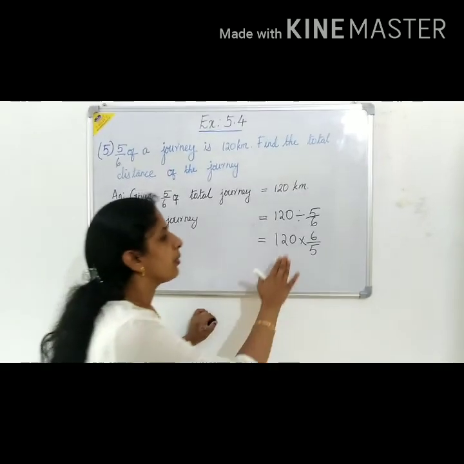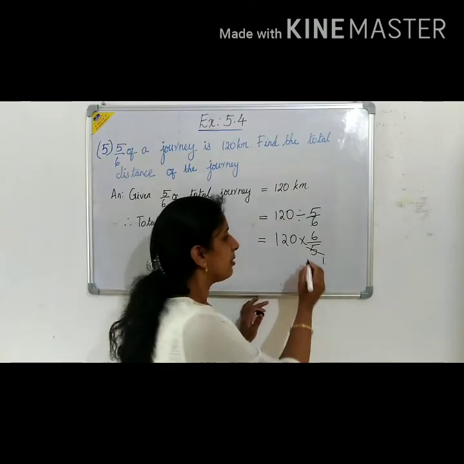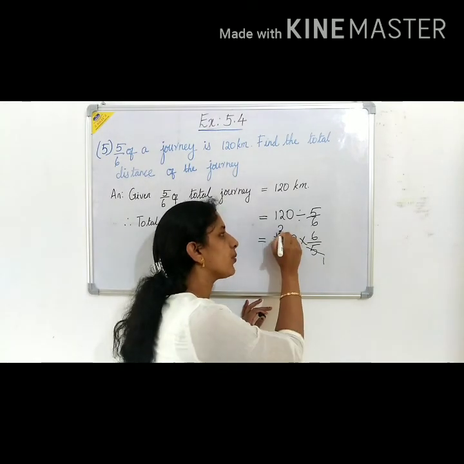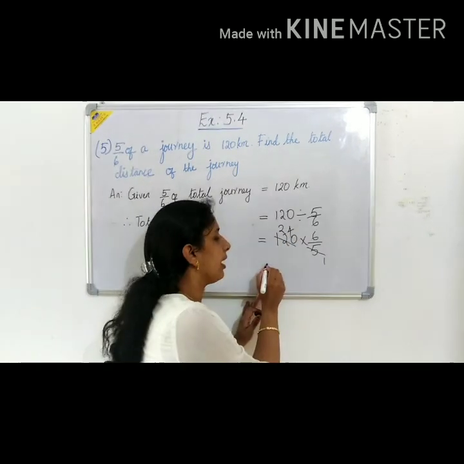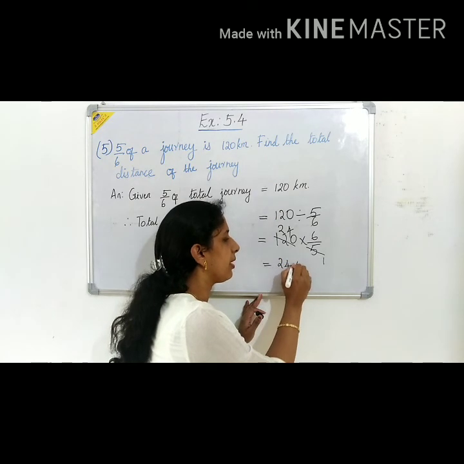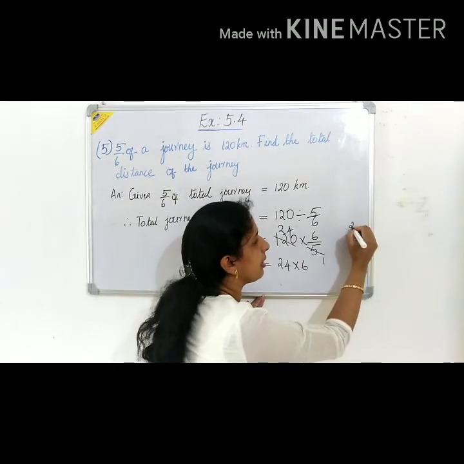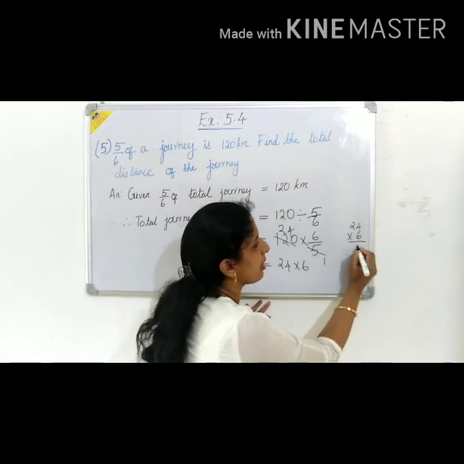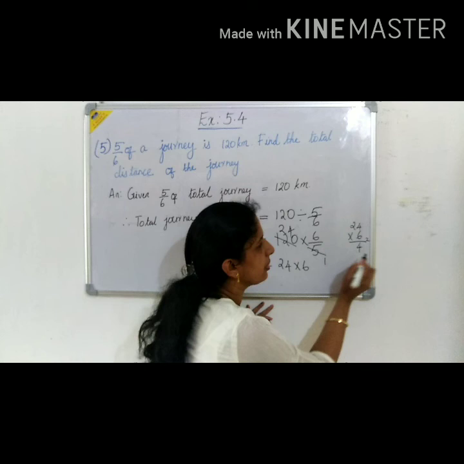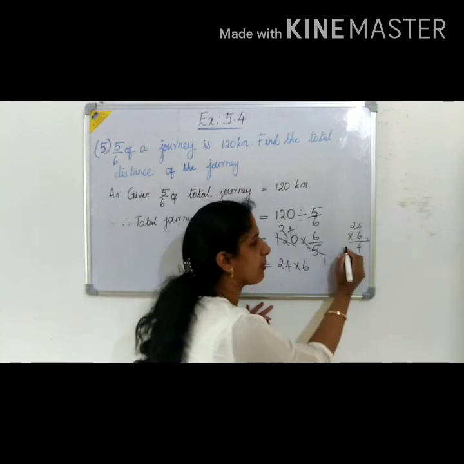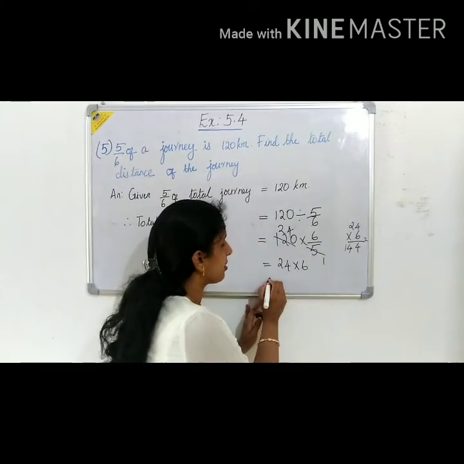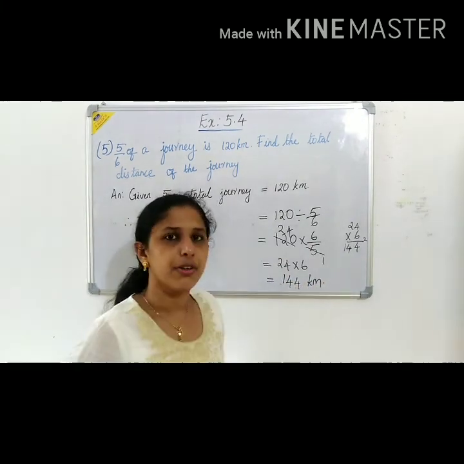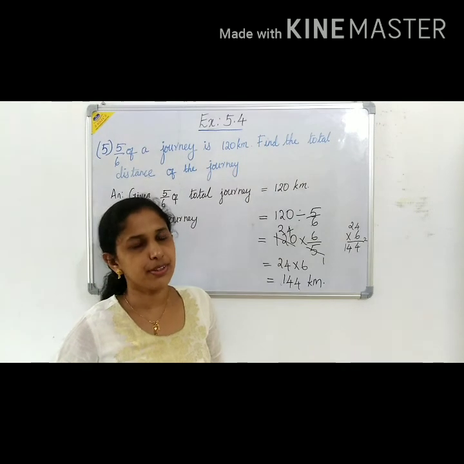Now 120 and 5 we can cancel. 5 divided by 5, 1. 120 by 5 is 24, and this is equal to 24 into 6. Here 6 4s are 24, 4, 2, 6 2s are 12, 12 plus 2, 14. So this is equal to 144 kilometer. Therefore the total journey is 144 kilometer.